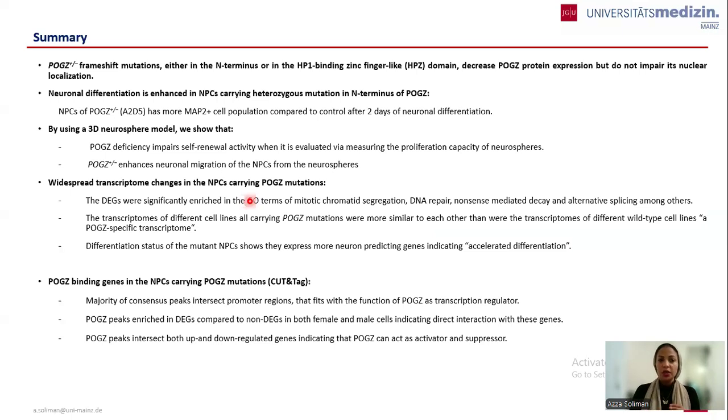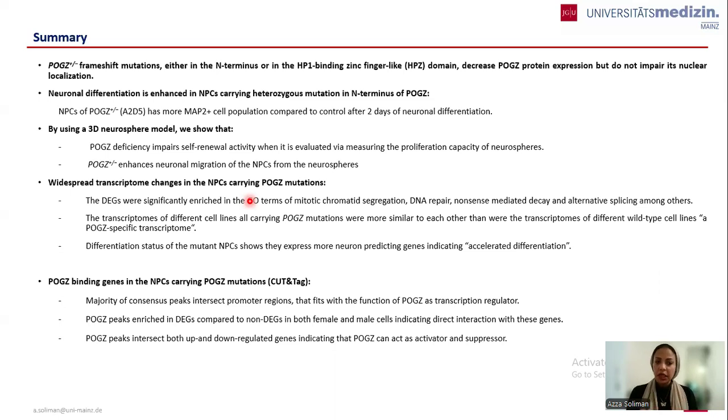This will bring me to the summary of my talk. I hope it was not too much, but the heterozygous mutation in both the N-terminus and the NHPZ domain decreases the protein expression, but it does not affect the nuclear localization, and the neuronal differentiation was enhanced in the NPCs carrying a mutation in the N-terminus, which was what we could see in the 2D culture.